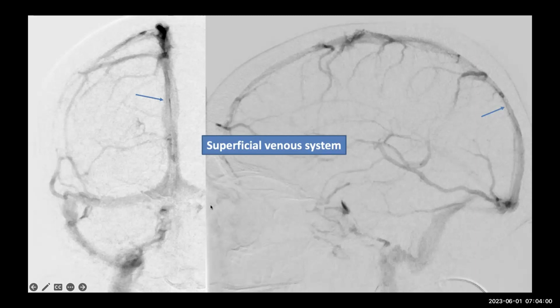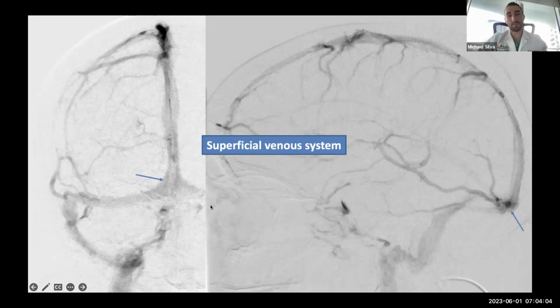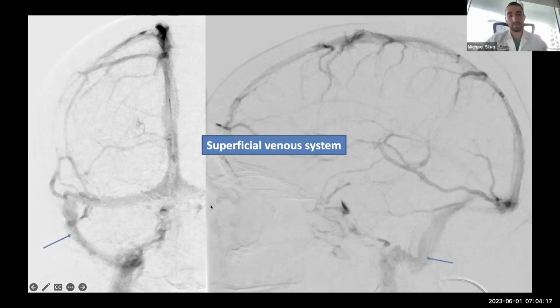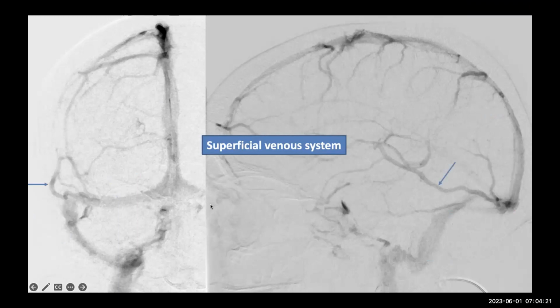Yeah, so that's superior sagittal sinus. Good, and then moving down here. That's confluence of sinuses. Yeah, torcula, exactly. Transverse sinus. Sigmoid, or transverse sigmoid junction. Perfect. Sigmoid sinus. Great.